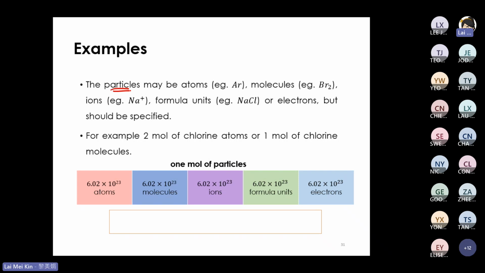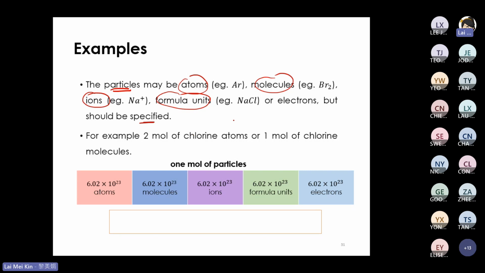Particles can be atoms, molecules, formula units, or ions. But you must be specific. Like yesterday, we specified whether carbon is atom or molecule, whether glucose is molecule or formula unit. So you have to be specific. What kind of particle is that?